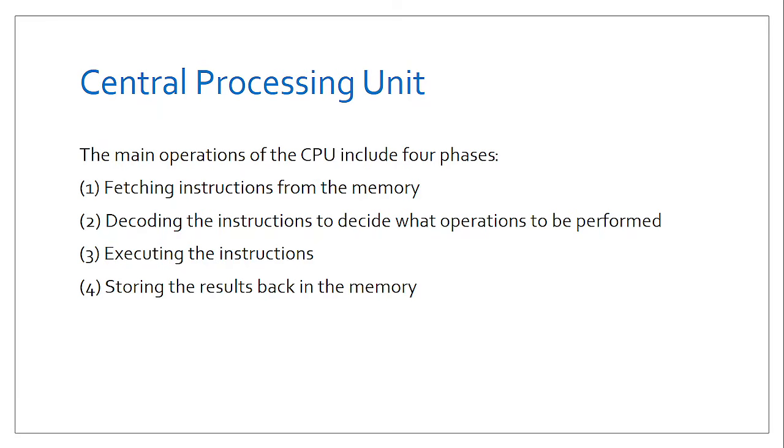So it does the fetching of the instruction from the main memory. When we talk about decoding, it needs to understand the instruction before it executes it. For example, is this a music file that needs to be played? Is this a word file that needs to be opened? The decoding aspect enables the CPU to understand what it should do.